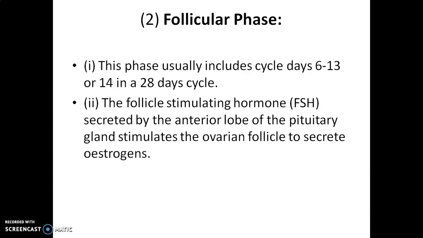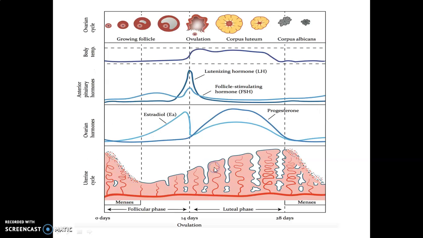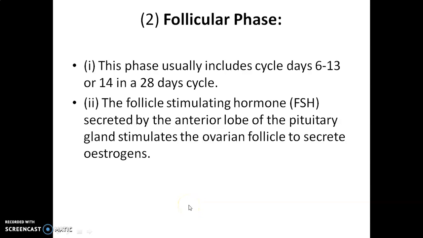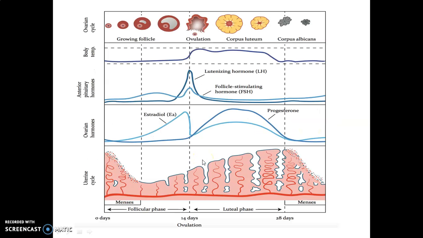Then the second one is the follicular phase. This phase usually includes cycle days 6 to 13 or 14 in a 28 day cycle. The follicle stimulating hormone, in short FSH, is secreted by the anterior lobe of the pituitary gland and stimulates the ovarian follicle to secrete estrogen.